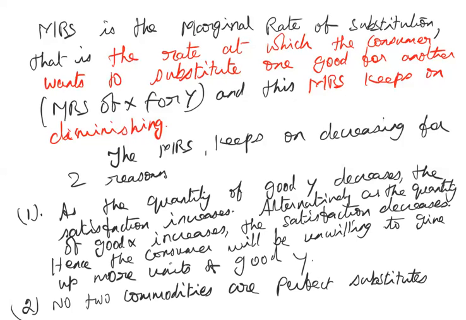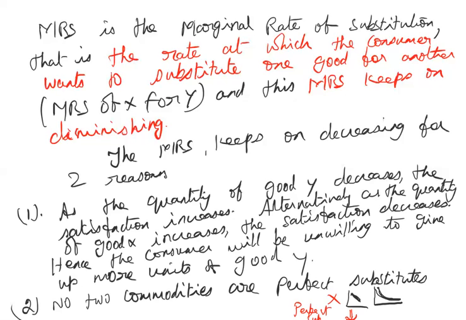No, isn't it? So that's why if it is a perfect substitute, the indifference curve will be a straight line. But in actual practice, no two commodities are perfect substitutes. So it will remain convex. This is the shape of the indifference curve, not this. This is a straight line, which happens if two commodities are perfect substitutes.